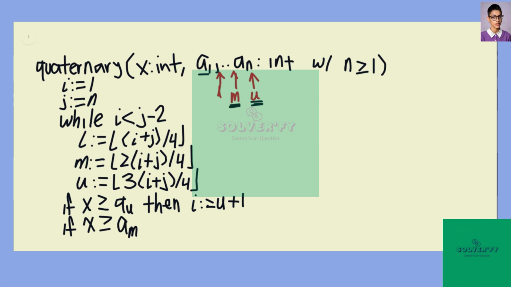So we're actually going to be setting 2 elements here. And so then we get i being equal to m plus 1, and j will be set to u.